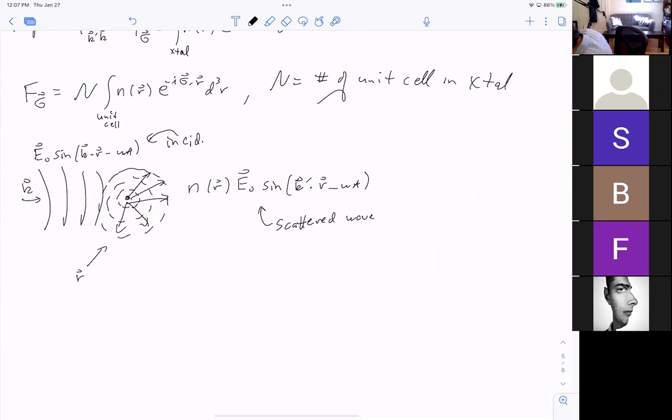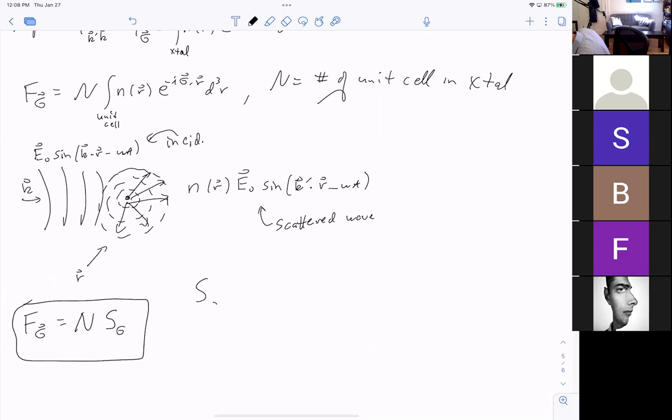So now what we see is that this total scattering amplitude F of G is equal to N, the total number of unit cells, times this integral, but this integral is the structure factor, okay?